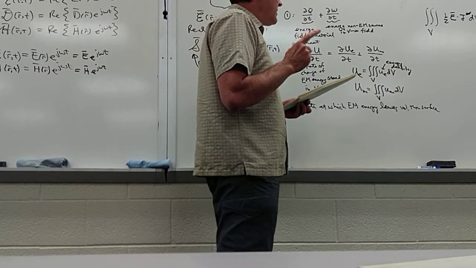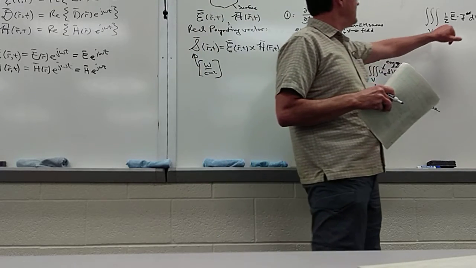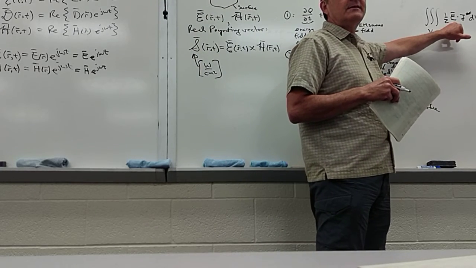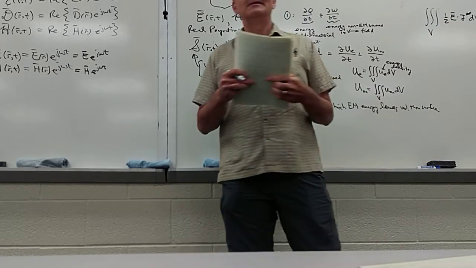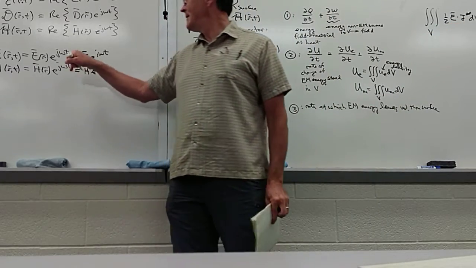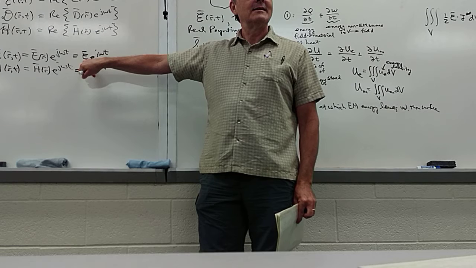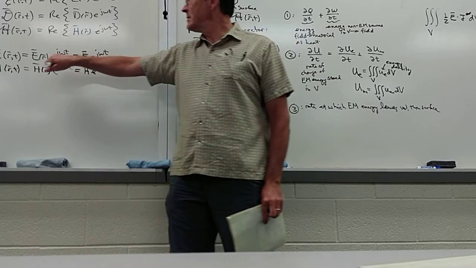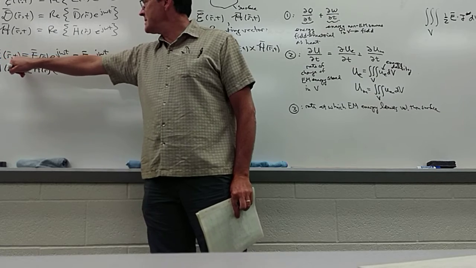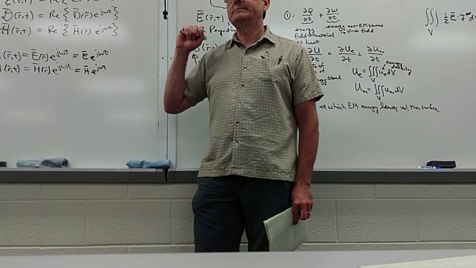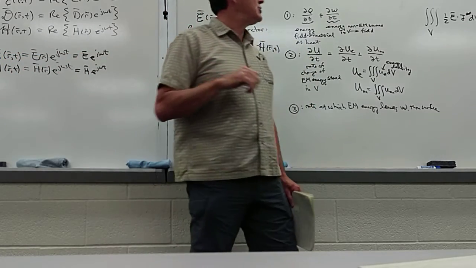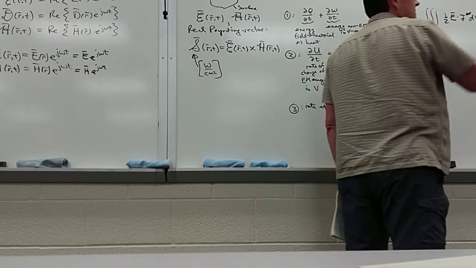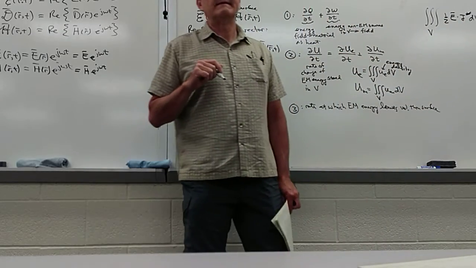Now, before we go any further, what is E here? It's the complex amplitude vector of our complex representation of a monochromatic wave. And so the J, what is it? Current density.